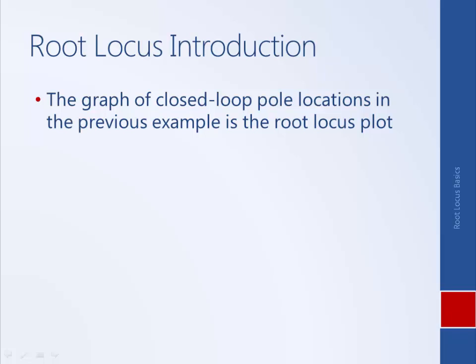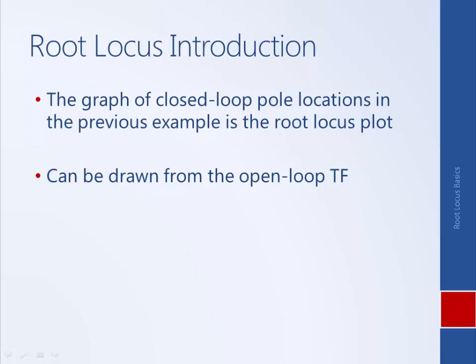It turns out, however, that we don't have to do it in that brute force manner. There's actually a procedure where we can draw this root locus based on the open loop transfer function. So it's interesting that we can determine all of the closed loop pole locations based on the open loop transfer function.